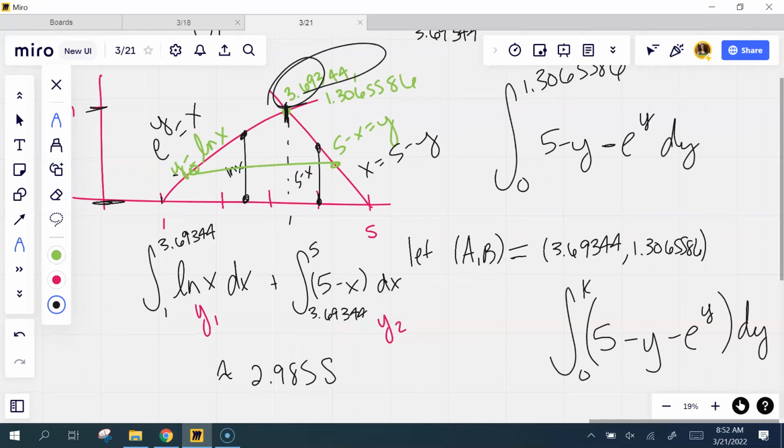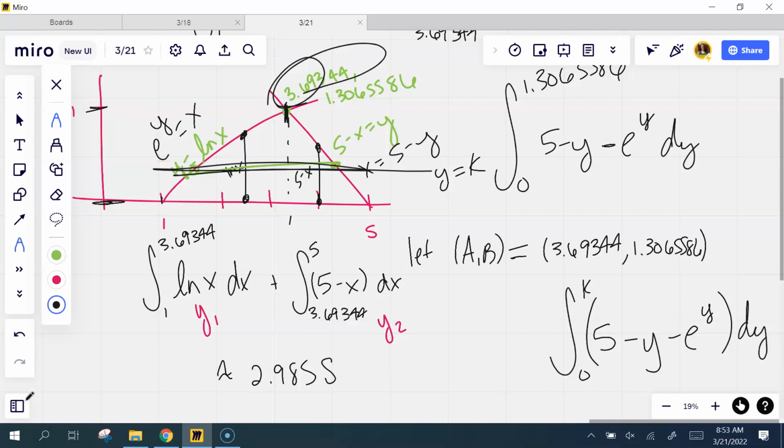Because the horizontal line y equals k divides it. Because that's a horizontal line, I have to go from bottom up. I can't go left to right like doing x. So you have to change your first two. With respect to y, right, yes.